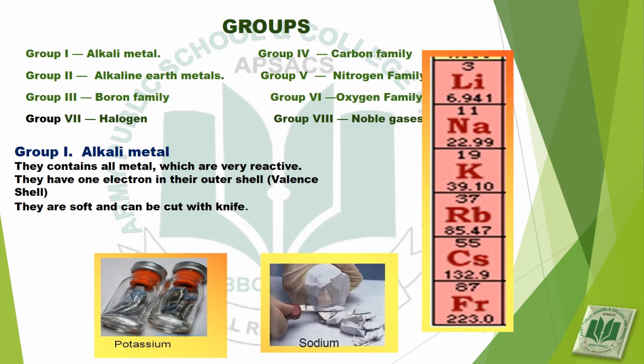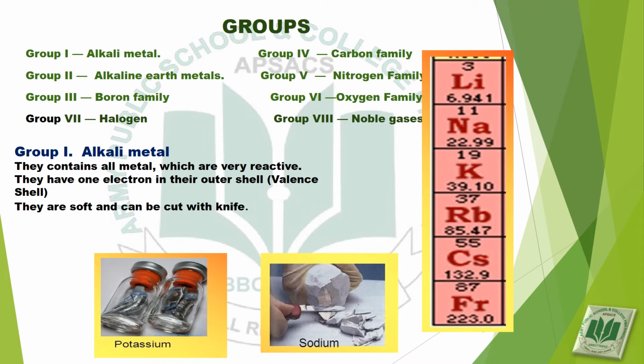Group 3 is called the boron family. Group 4 is known as the carbon family. Similarly, group 5 is known as the nitrogen family. Group 6 is also the oxygen family. Group 7 is called halogens, and group 8 is called noble gases.